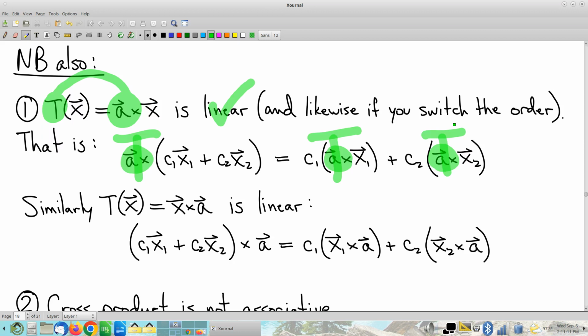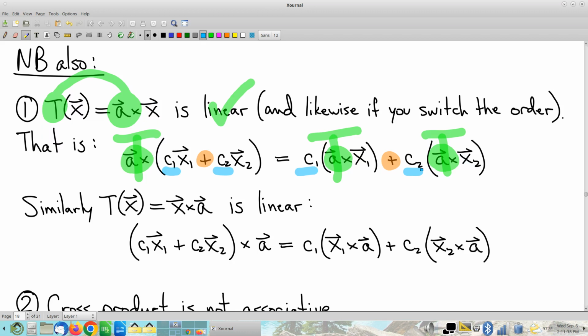In particular, notice that a sum of scalar multiples before you plug into the function T gives you a sum of scalar multiples after you've plugged into the function T. So you can do the linear combination before or after and get the same thing either way. And again, that's what linearity is.